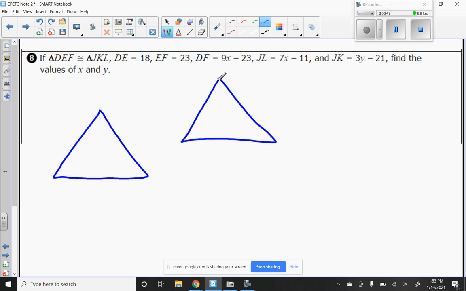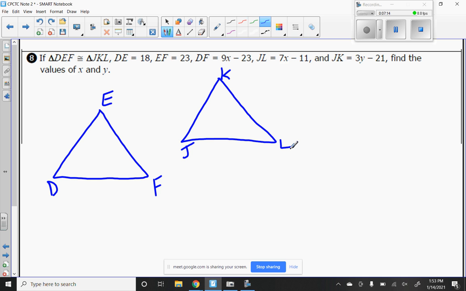So I made them both look like a pyramid. I'm going to label them the exact same way. I'm going to label the first one DEF. So I put the middle letter at the top, and I'm going to put the middle letter at the top here. Make it as easy as possible for you.